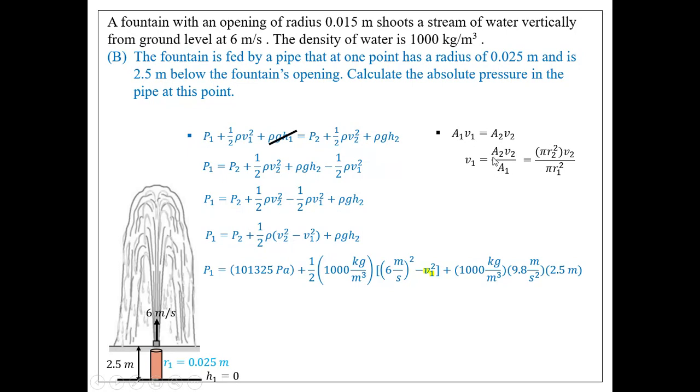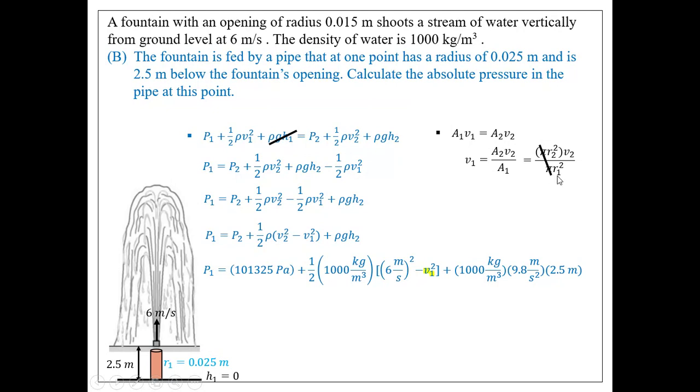I'm just going to substitute A2 and A1. The definition of area, once again, is pi r square. And because it's A2, I substitute out for R2. And the area on the bottom is A1, so therefore it's pi r1 square. Well, you know R2, you know R1, and you know V2, right? And pi is going to cancel out because there's a pi on top and bottom. So if you use the same reference point that I did, R2 is the radius above the ground, which is 0.015 meters.